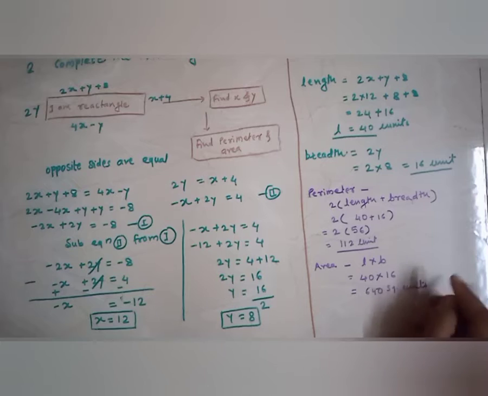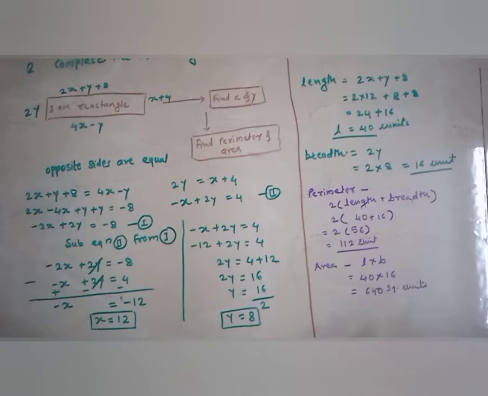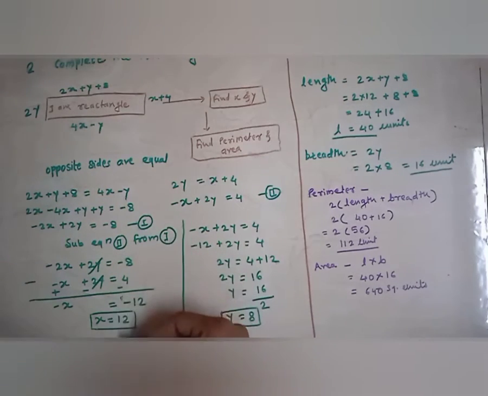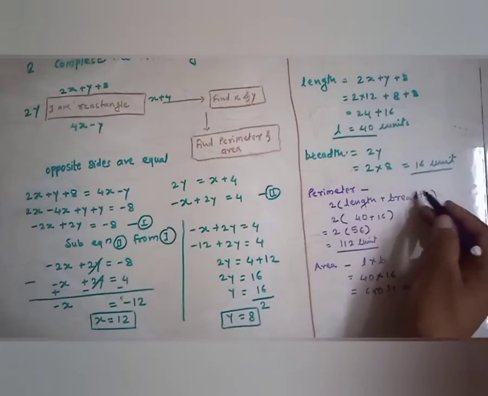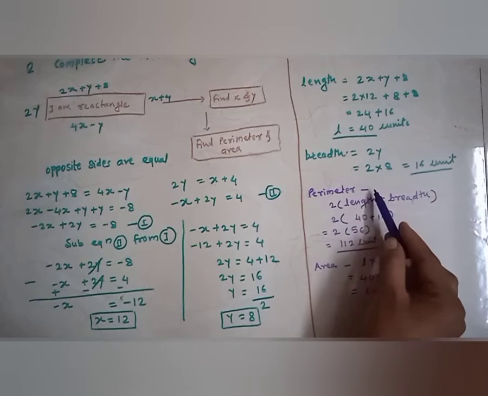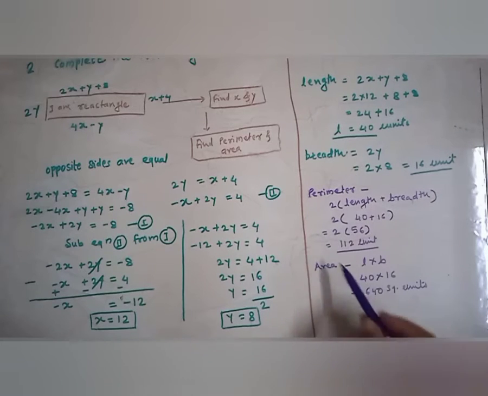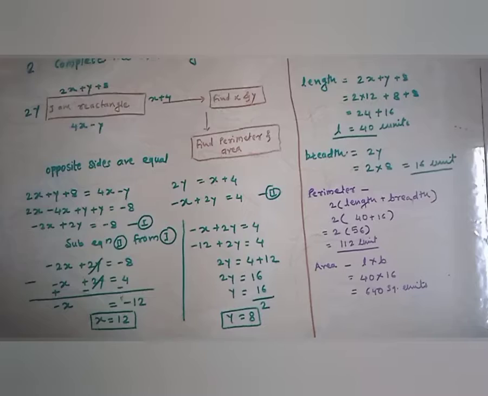Sorry, 640 square units. So we get the x value, y value, and the length, breadth, perimeter, and area of the rectangle. I hope you understand this example better.